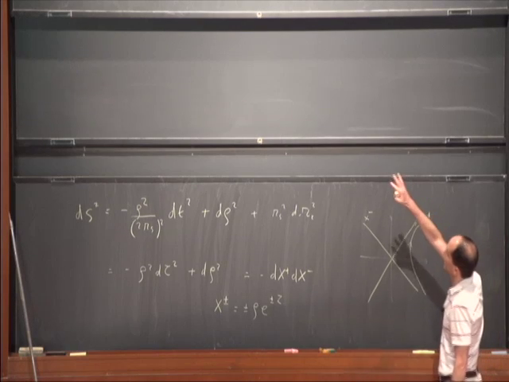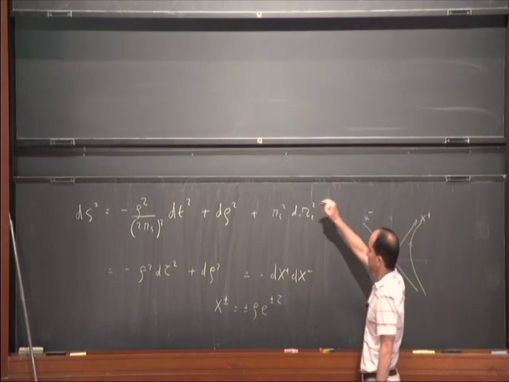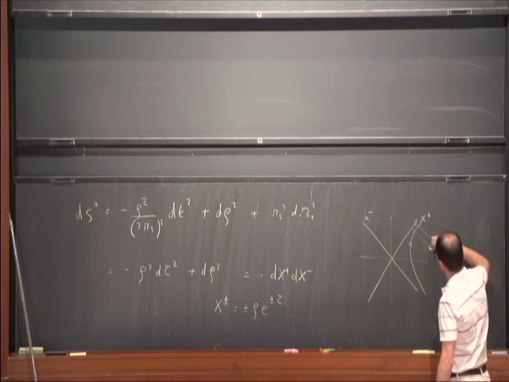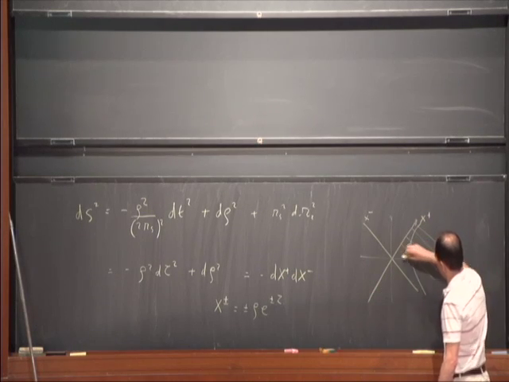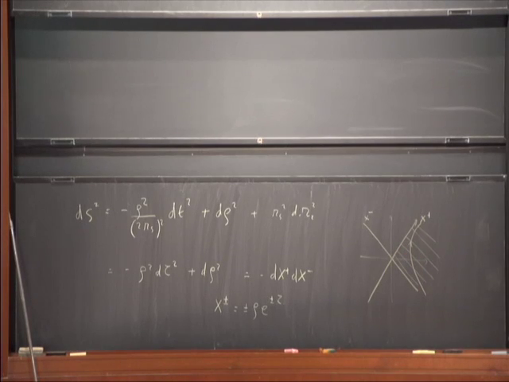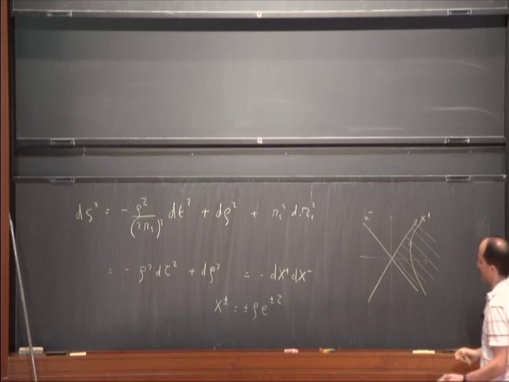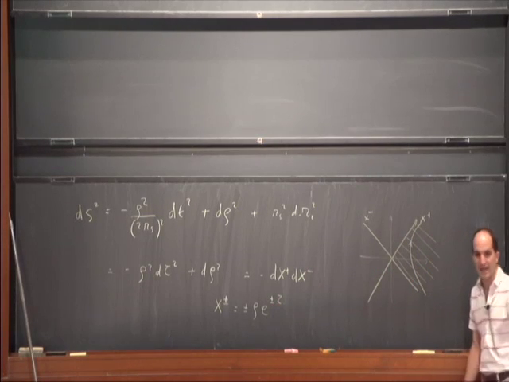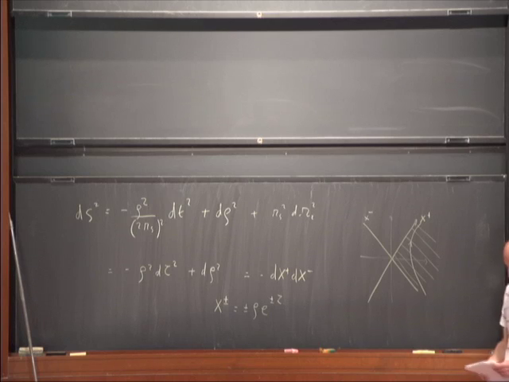So the black hole metric corresponds to rho bigger than 0. And that corresponds to this portion of the flat space region, sometimes called Rindler space. So Rindler space is nothing else than ordinary flat space, but in the Lorentzian analog of polar coordinates.